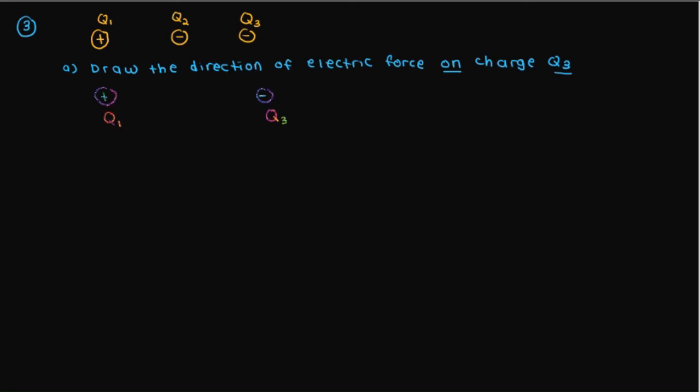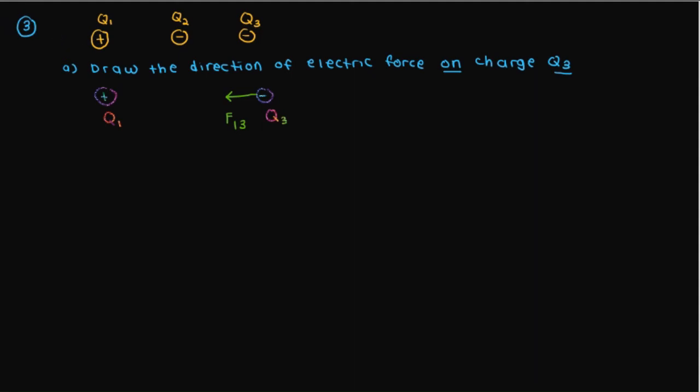So the direction is to the left. And how do we label? F of 1 on charge Q3. So F1,3.